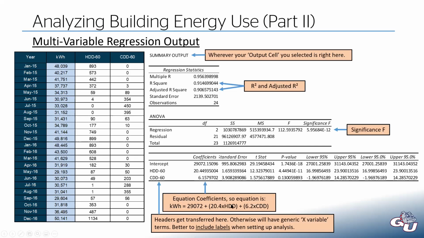And then we have an additional 20.4 kilowatt hours per heating degree day and an additional 6.2 per cooling degree day. So now I have two variables in my equation. And then we have what are called the p-values. So what does all this mean?